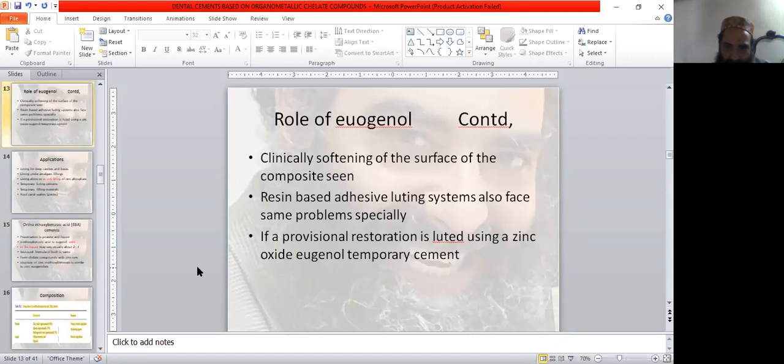Clinically, softening of the surface of the composite is also seen when it is used as a base under the composite restoration. Resin-based adhesive luting systems also face the same problem, especially if a provisional restoration is luted using a zinc oxide eugenol temporary cement.